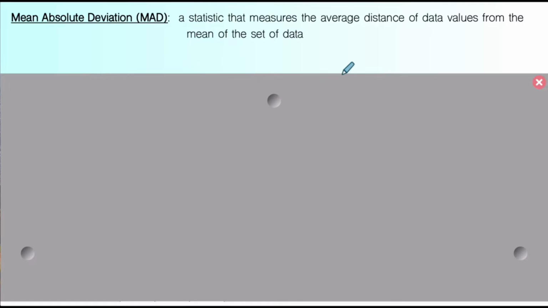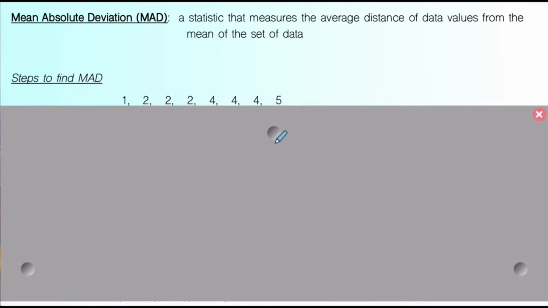So you take a set of data and you find the mean, the average. And then you say, how far is every number that's in the data set? How far is each number from the mean, from that target number? That's what mean absolute deviation measures. It measures how far every number is from the mean.